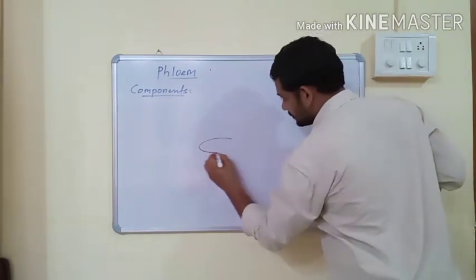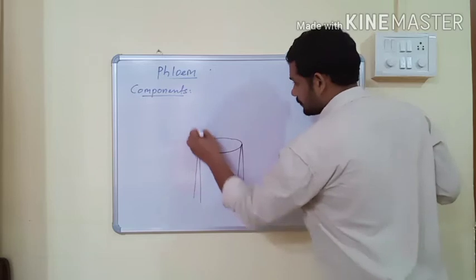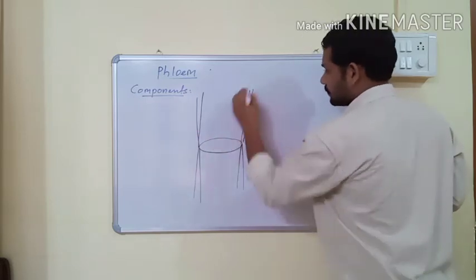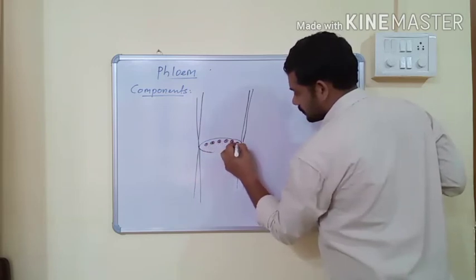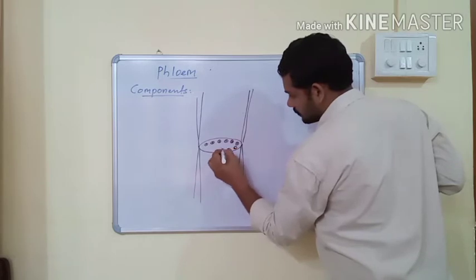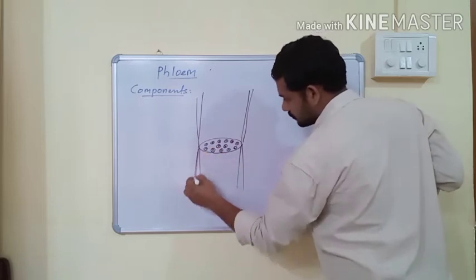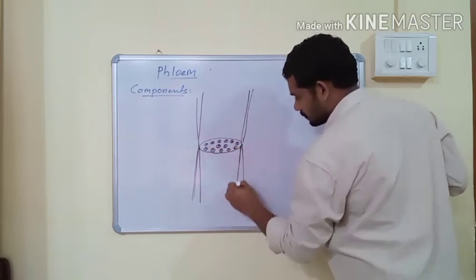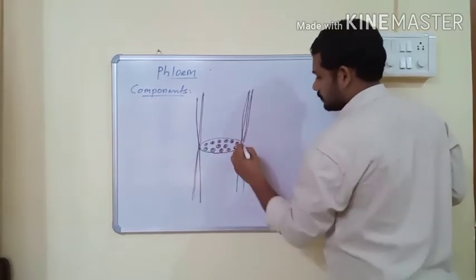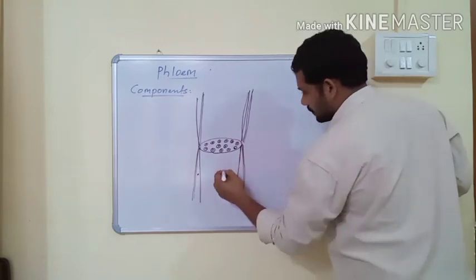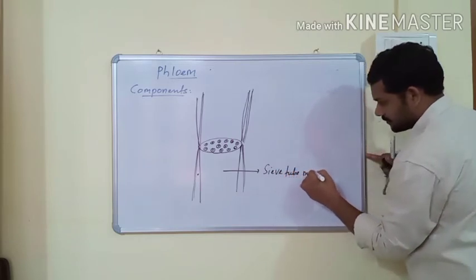This is the diagram of phloem. This is a sieve tube member.